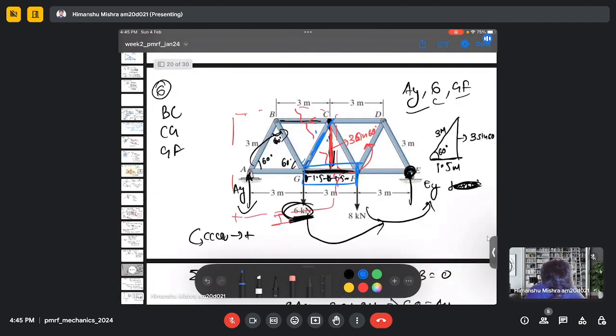So here we got the force in this member. Now to calculate the force in this member, we can either use the method of section, and take the moment, let's say, around this point, which is F, or we can do the force balance in the x direction.